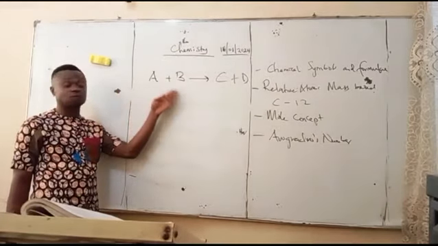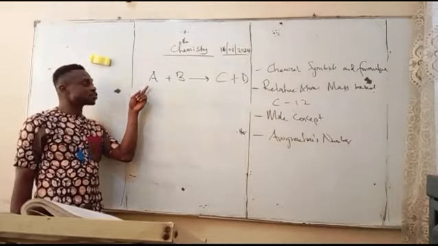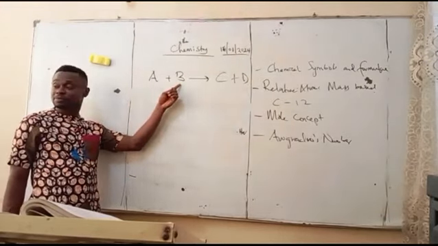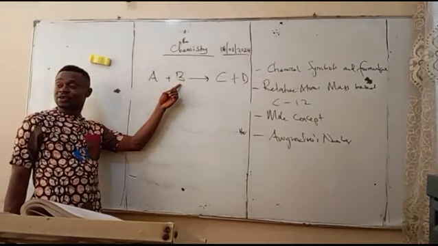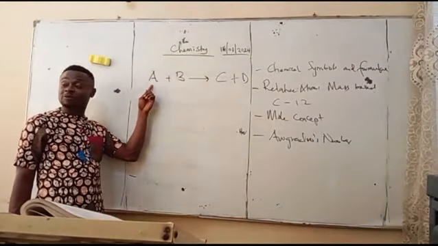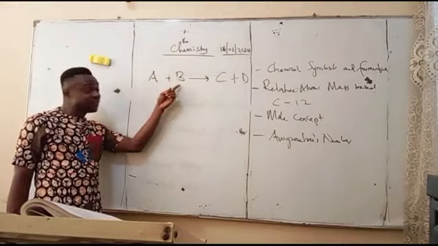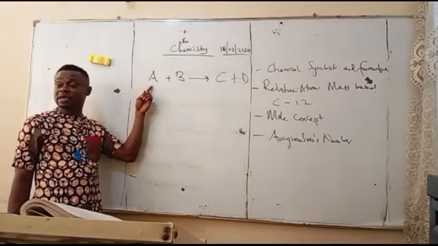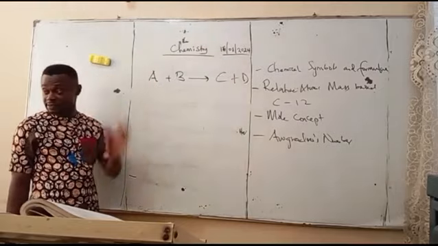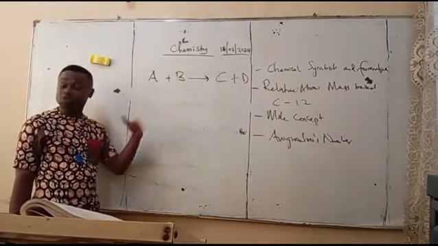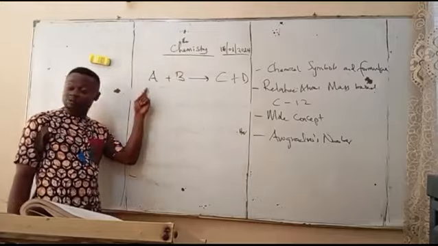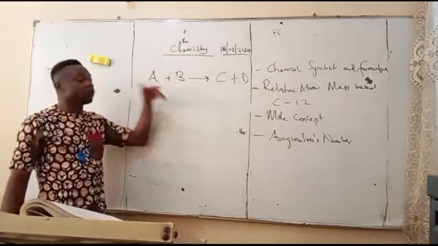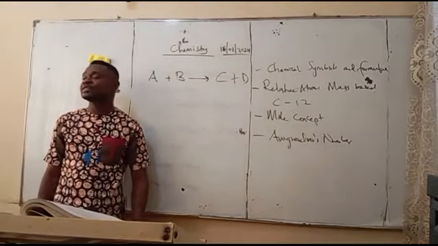If you have a balanced equation, you find out that no matter the amount of this reactant you bring together to react with this, there's a fixed amount that can react with a fixed amount of this. Any remaining one will be excess. That excess will not react. It is that fixed amount that will react with it to give the product. Any other one will be excess.